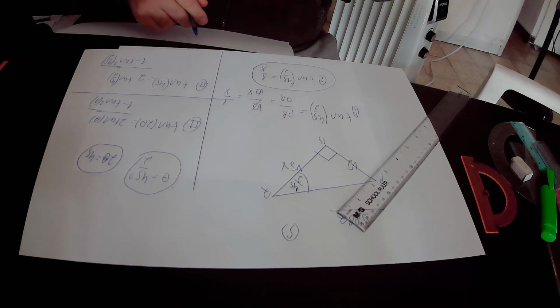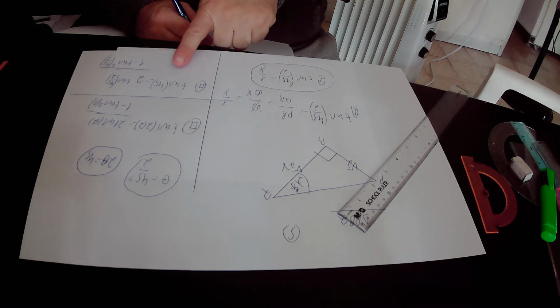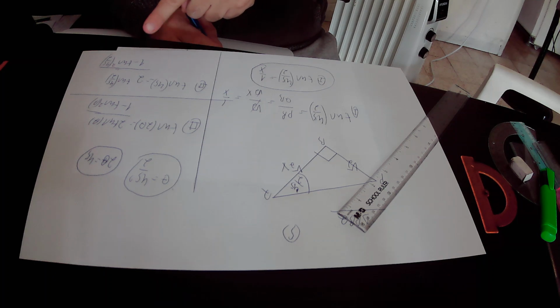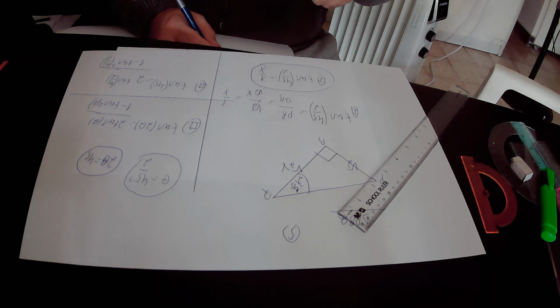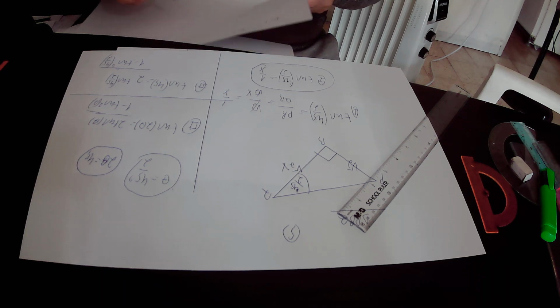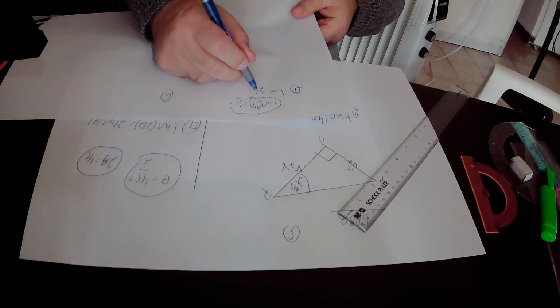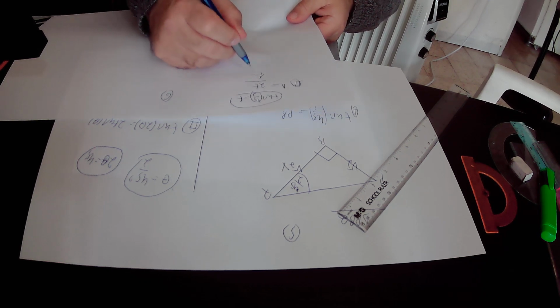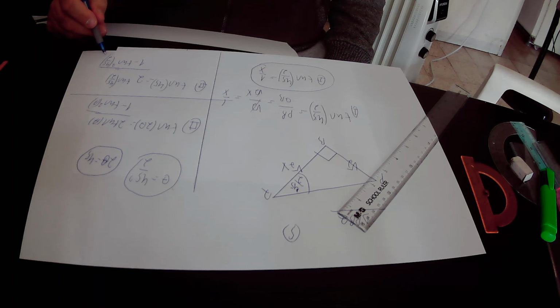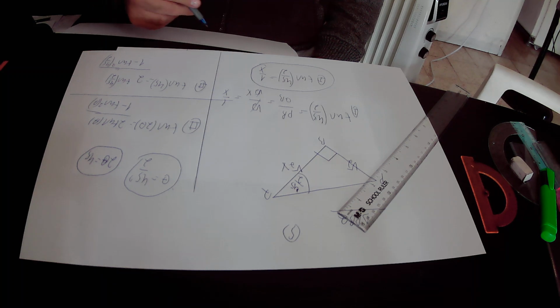And we get that tangent 45 degrees is 1, that is equal to 2t over 1 minus tangent square 45 degrees over 2. If tangent 45 degrees over 2 is t, then tangent square 45 degrees over 2 is t square.